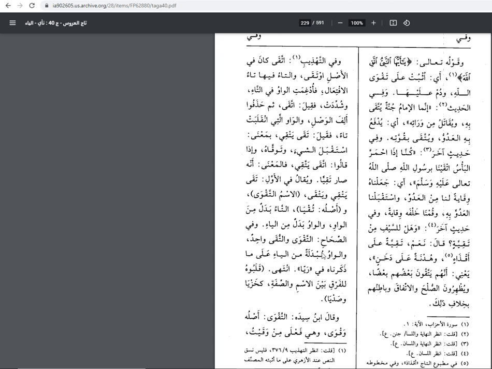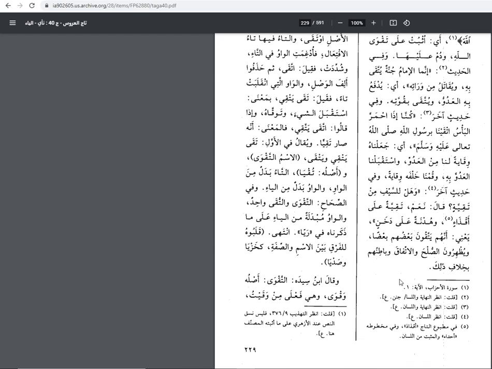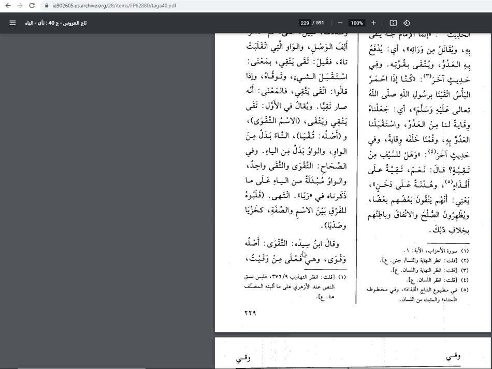وفي الصحاح, this is another dictionary by al-Jawhari: التقوى والتقى واحد. Taqwa and tuqa have the same meaning. قال ابن سيده. Ibn Sida is the author of a dictionary called the Muhkam.